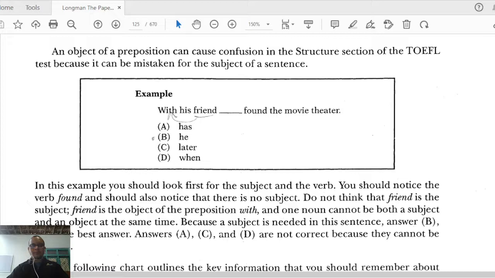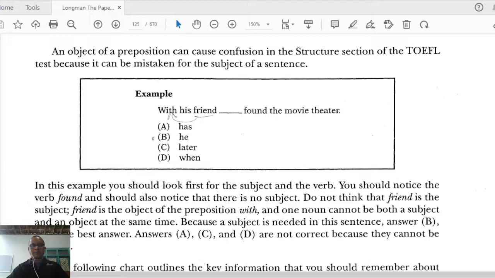Karena friend ini berhubungan atau dalam satu konteks dengan with his friend. Nah, friend is the object of the preposition with, ya. And one noun cannot be both a subject and an object at the same time because a subject is needed in this sentence. Nah, jadi kata friend ini nggak bisa double job, ya. Dia nggak bisa dua pekerjaan, nggak bisa sebagai subject dan juga sebagai object, ya, karena dia udah pakainya with, ya.